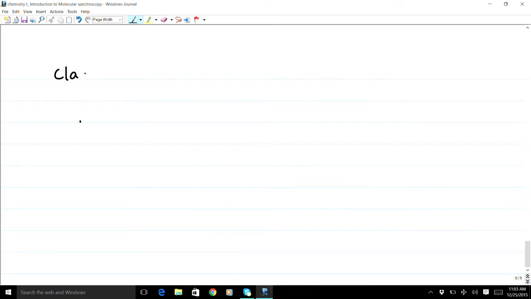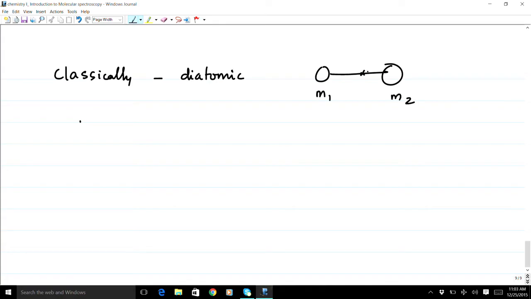Okay. Now let us see the molecular rotations. Classically, rotational energy for a diatomic molecule, if you have to consider, about an axis, suppose the diatomic molecule is M1, M2, and the center of mass is here, say about an axis which is perpendicular to the bond, because these are the two axes about which the moment of inertia of the molecule is non-zero in the point mass approximation. Okay.